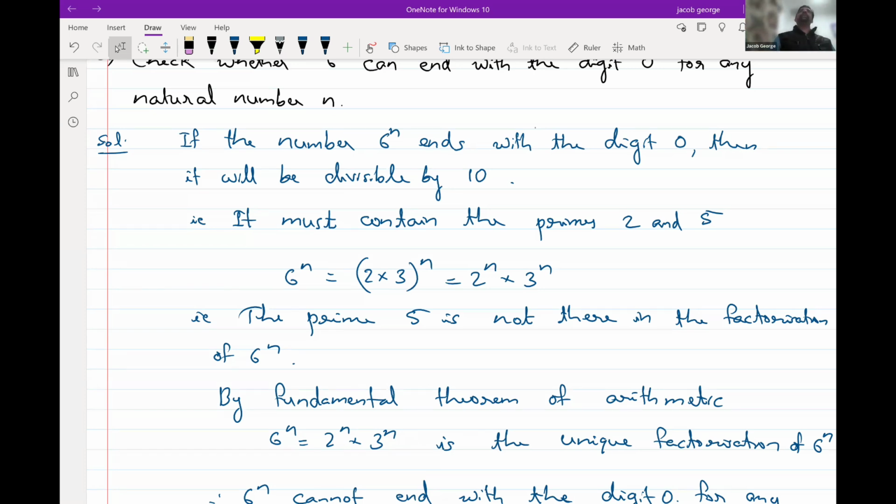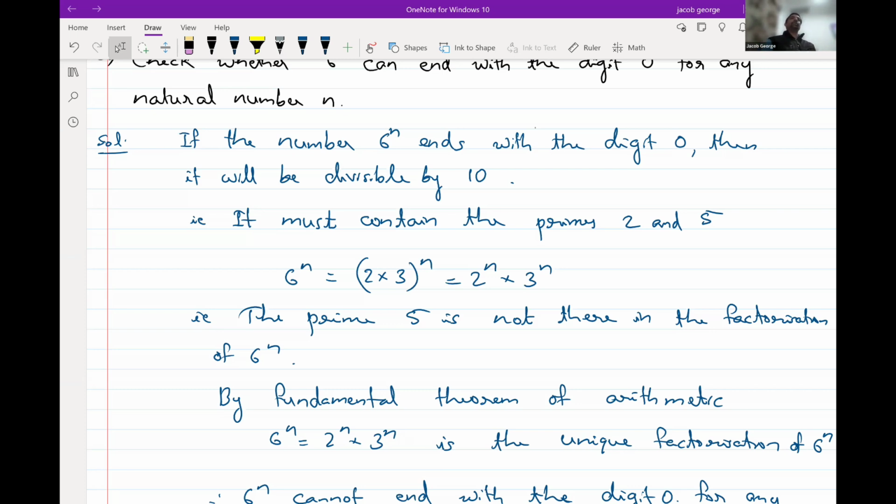All of you understood the method of writing? If the number 6 raised to n ends with the digit 0, then it will be divisible by 10. That is, it must contain the primes 2 and 5.